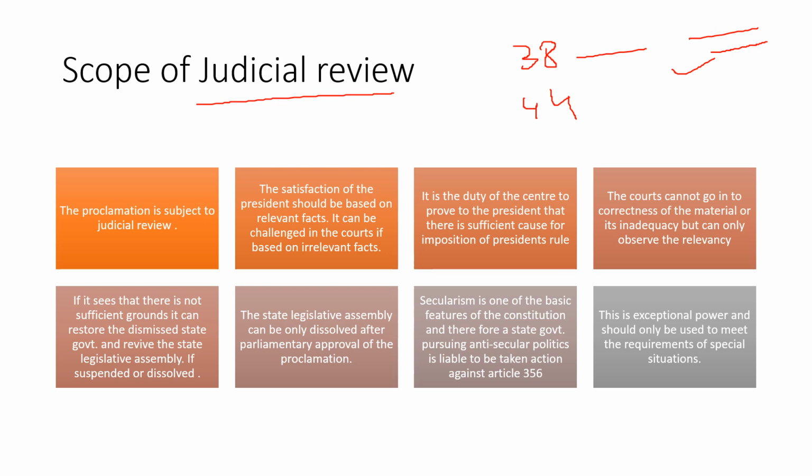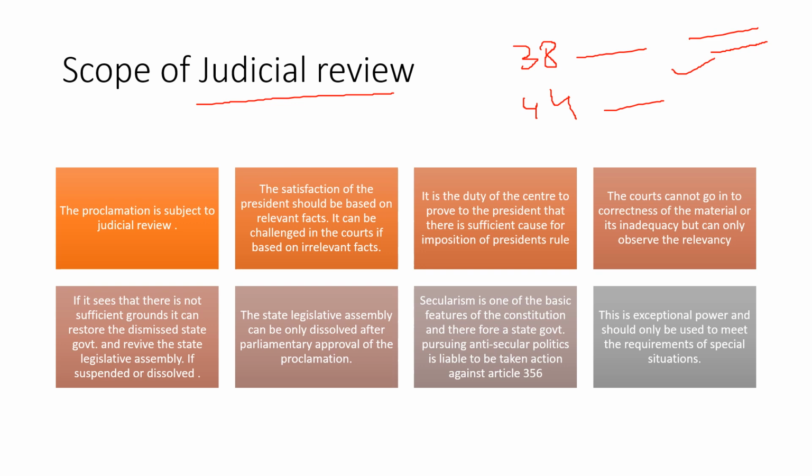In fact, in the Bommai case in 1994, the following propositions were laid down by the Supreme Court in imposition of President's rule in the state under Article 356. And this was also based on a report of the Sarkaria Commission on Center-State Relations in 1988, where the cases of proper and improper use of the President's rule were questioned.